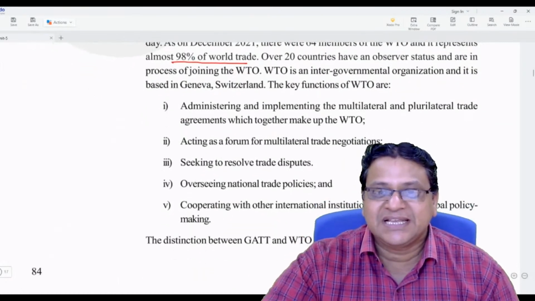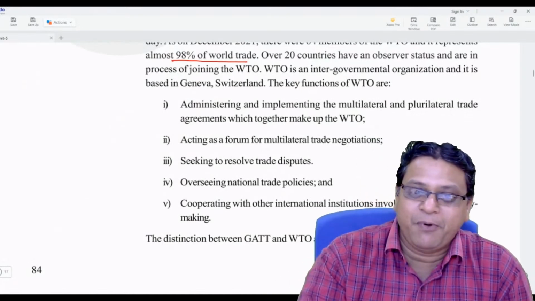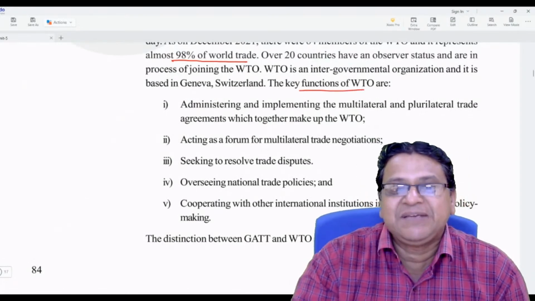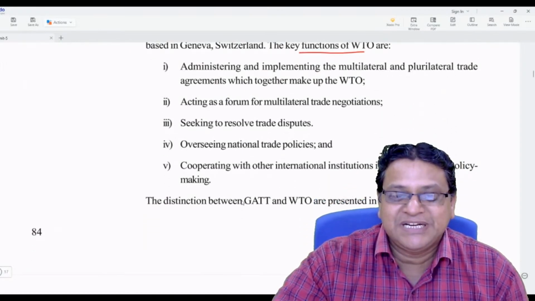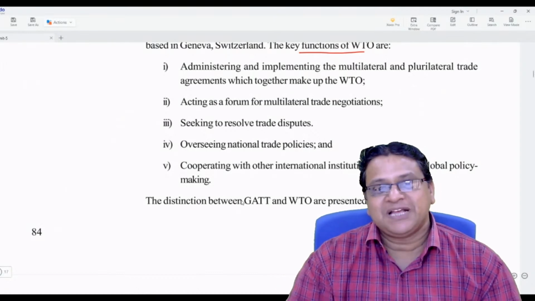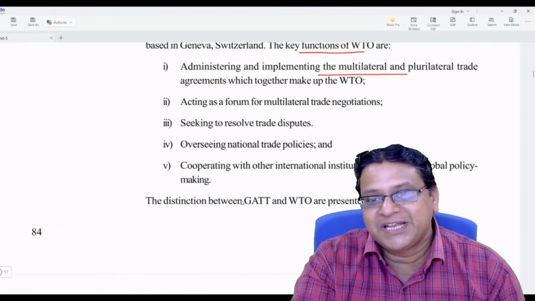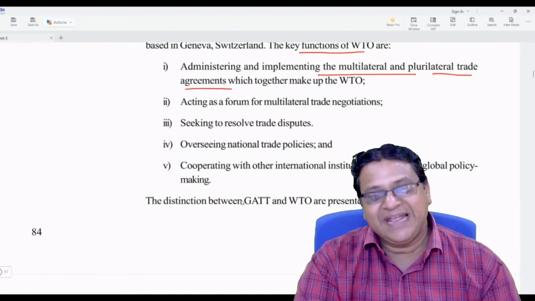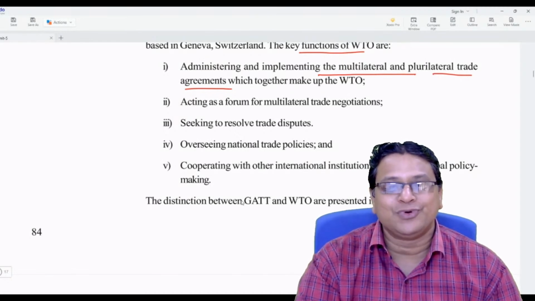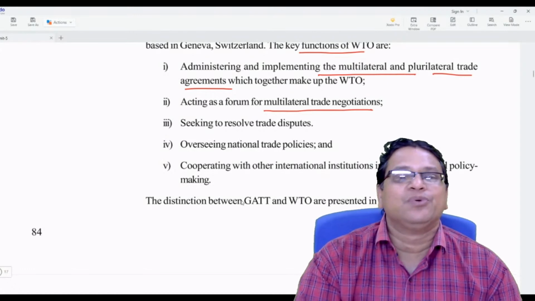So what are the key functions of WTO? We will discuss. What is the main function of WTO? WTO functions can be discussed under 5 headings. First function is administering and implementing multilateral and plurilateral trade agreements. Trade agreements are made under WTO forums, and it acts as multilateral trade negotiations.